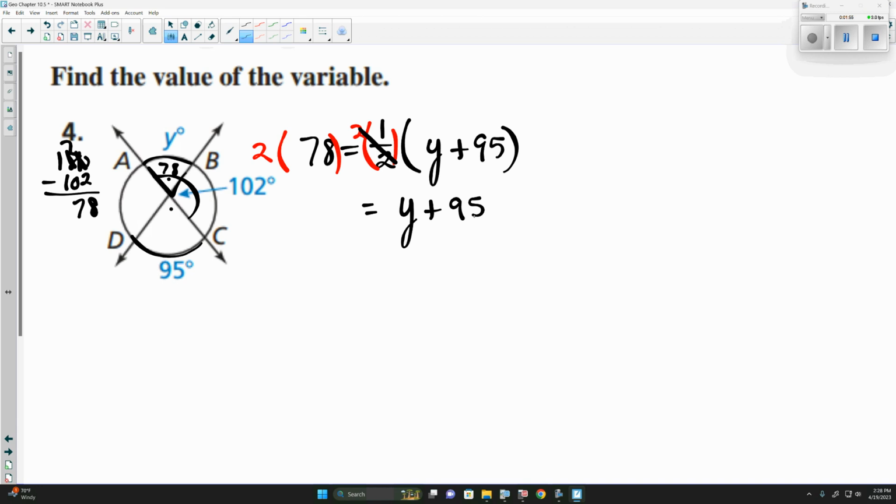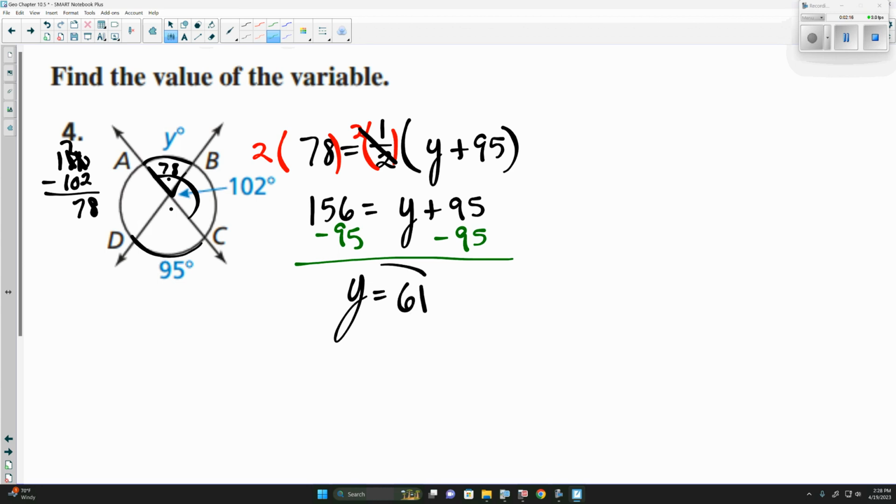On the other side, 2 times 78 is 156. Last but not least, we need to subtract 95 from both sides, telling us y is 61 degrees. That's it.